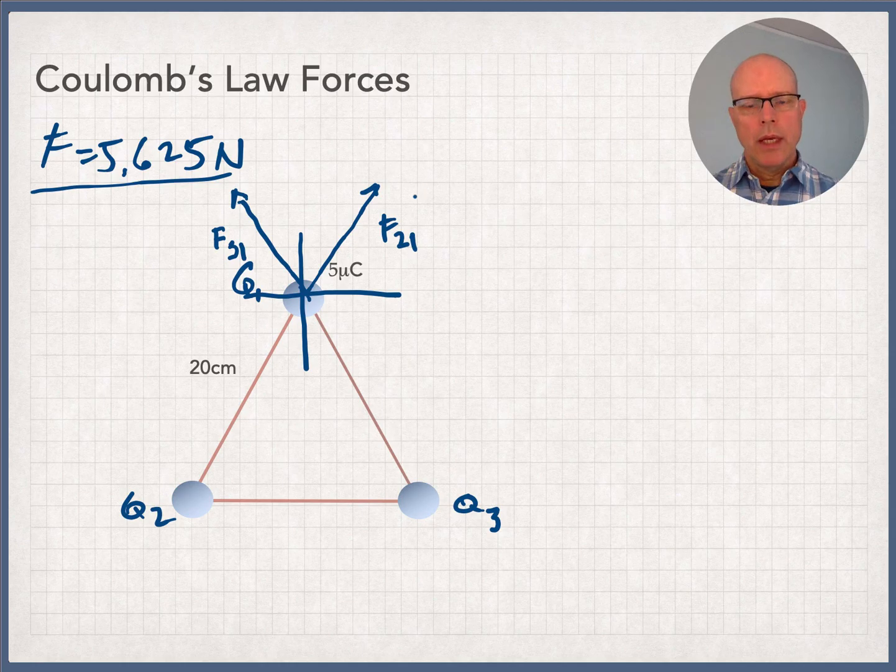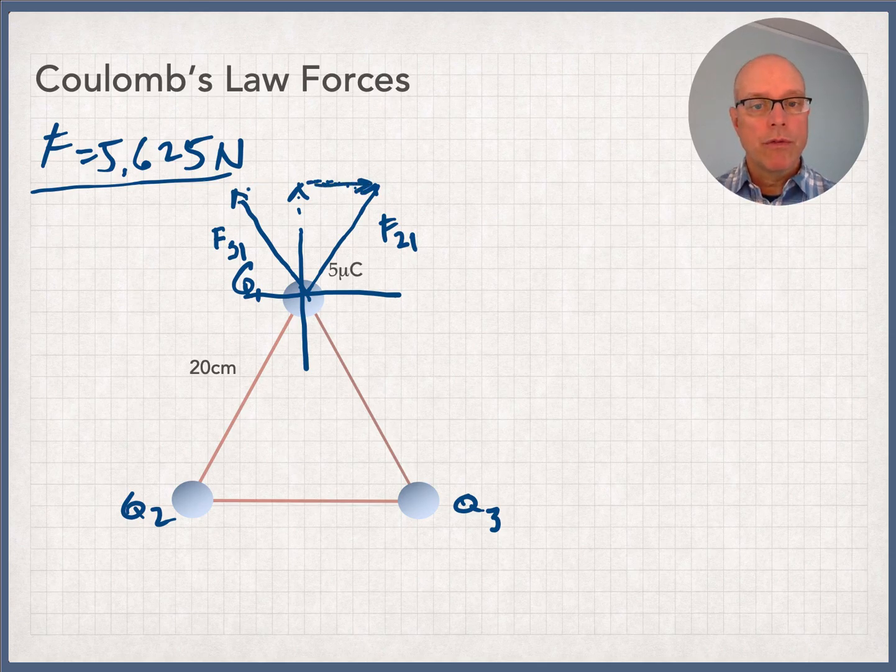What I want to do then is use symmetry wherever I possibly can and use it to my advantage. So it doesn't take a lot of insight to realize that, as a vector picture, if I think about breaking down force of 2 on 1, it's going to be partly up, so that would be a j component, and then partly across, that would be an i component.